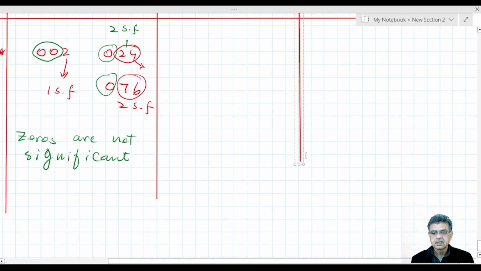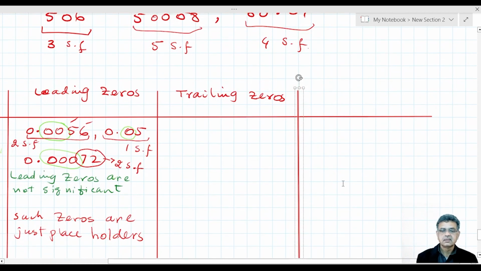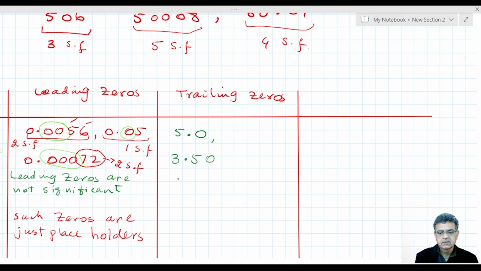Trailing zeros are zeros on the right hand side, like 5.0 or 3.50 or 2.00, or you can say 7.000.